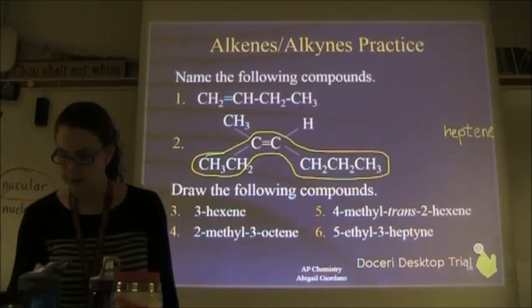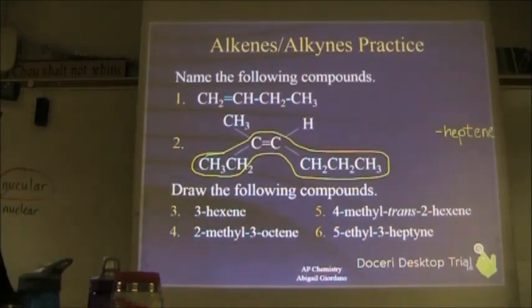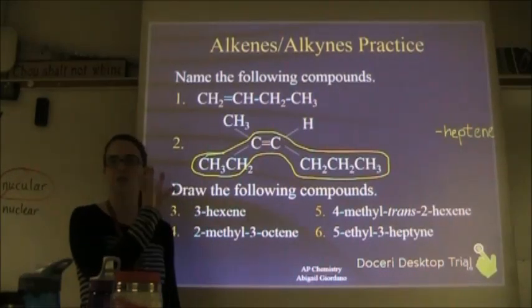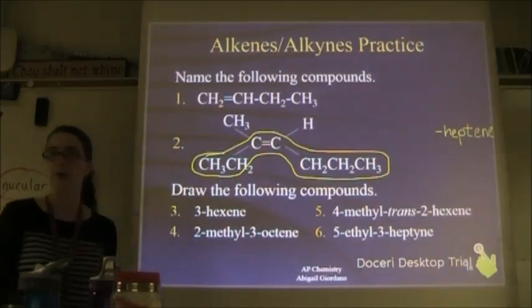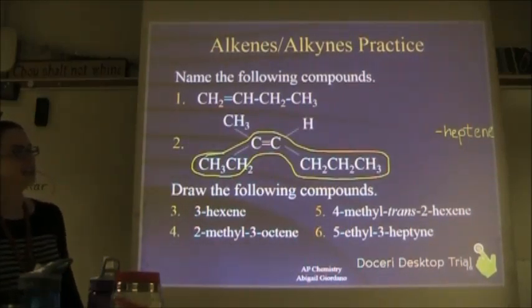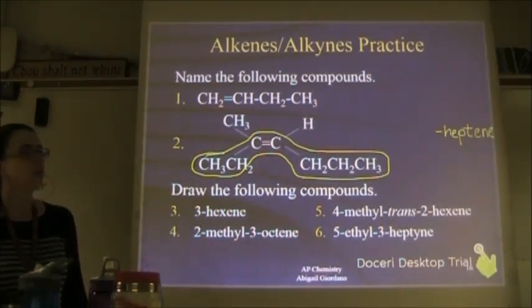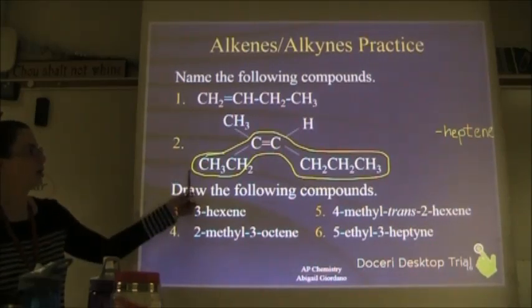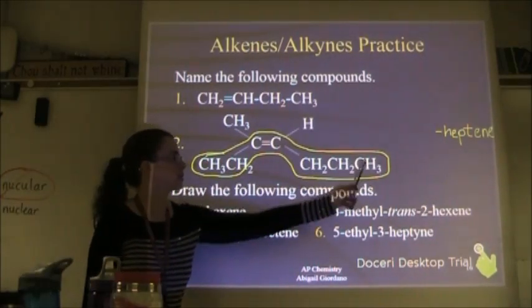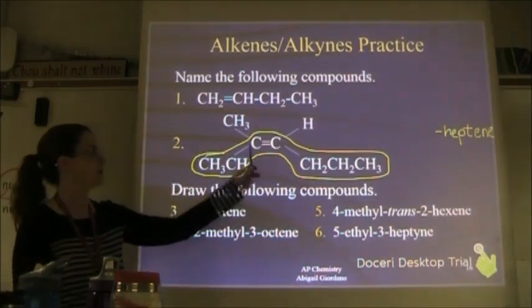Okay. Will I need to indicate where the double bond is? Yes. Remember, the rule is if your longest chain is 4 or more, then you do need to put a number. So let's decide, how do we want to number this main chain? Should I number from left to right, or would it be better to number from right to left?